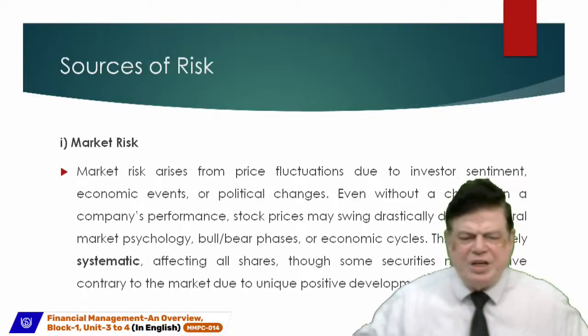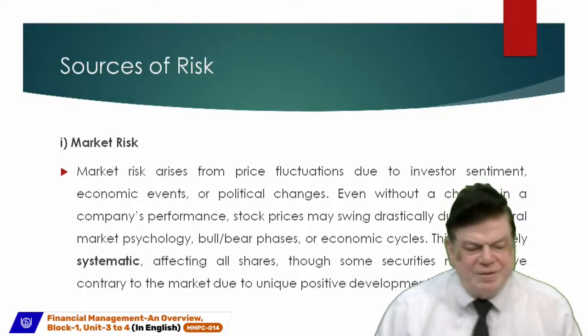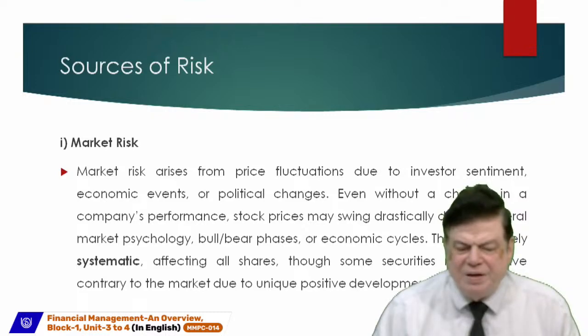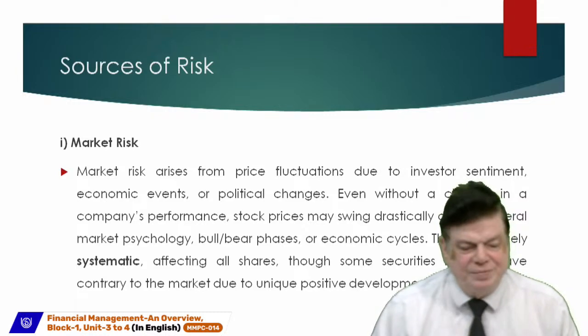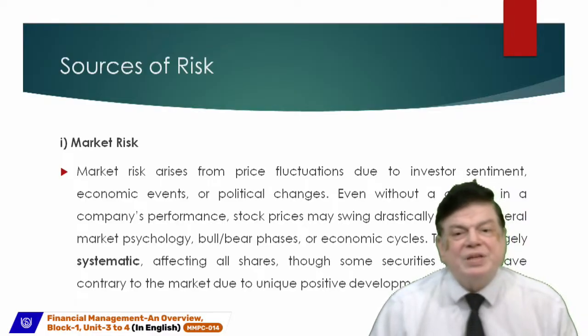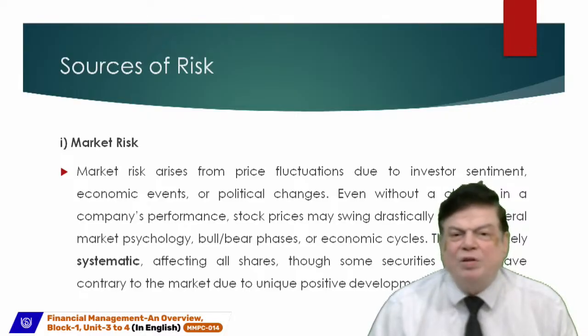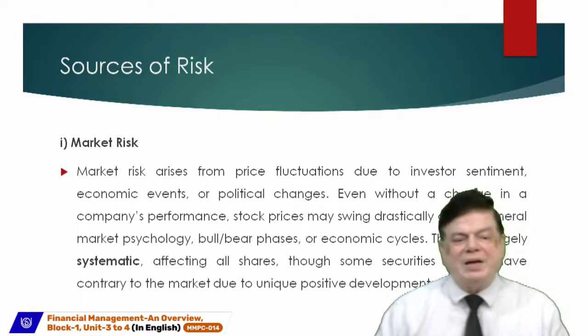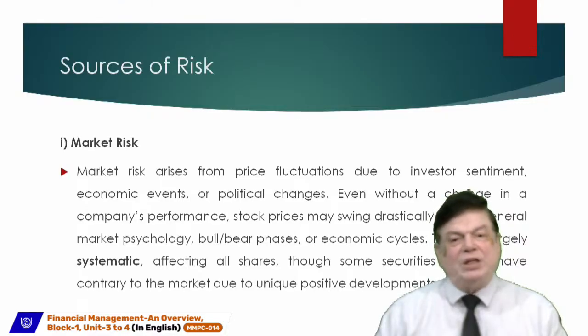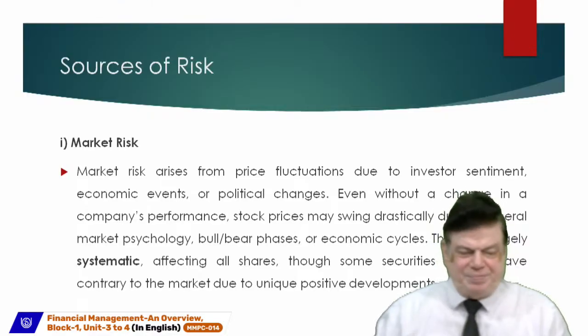Even without a change in a company's performance, stock prices may swing drastically due to general market psychology, bull and bear phases or economic cycles. This risk is largely systematic, affecting all the shares, though some securities may behave contrary to the market due to unique positive developments.